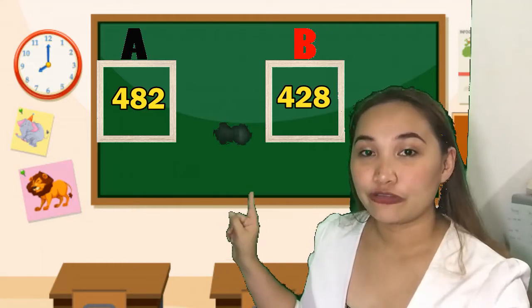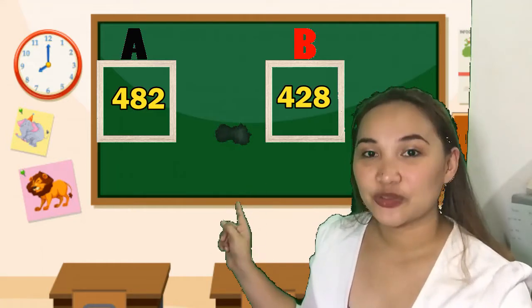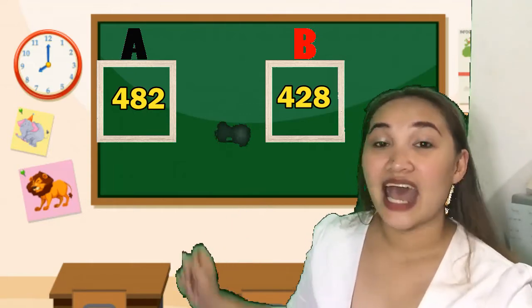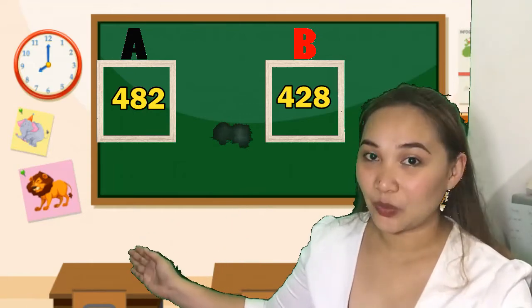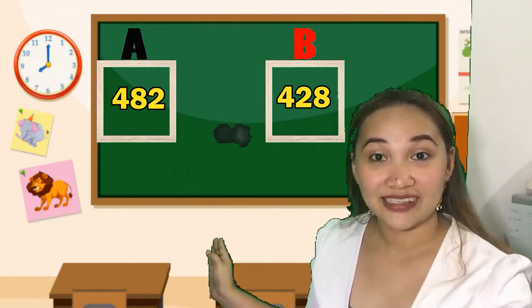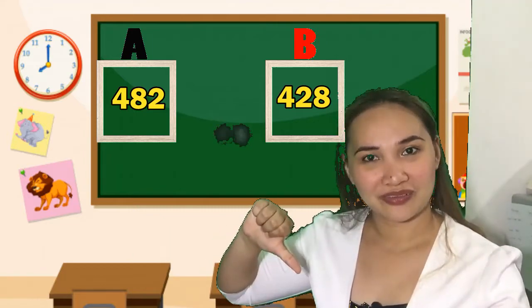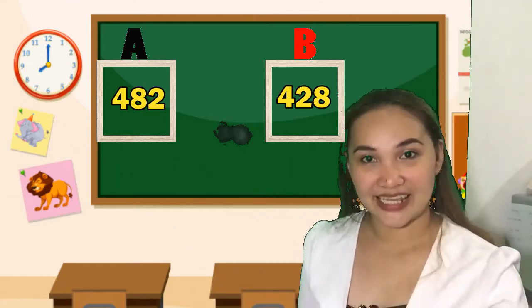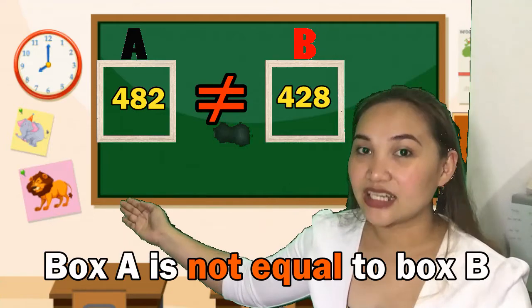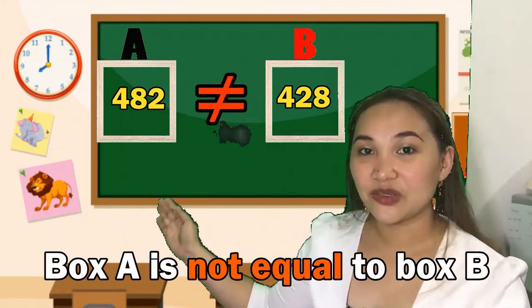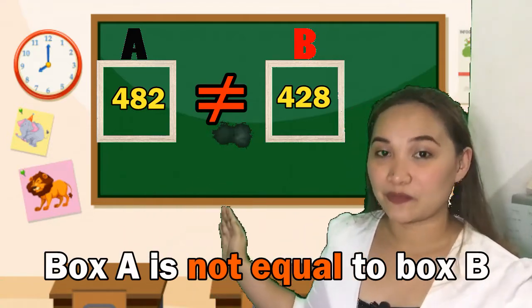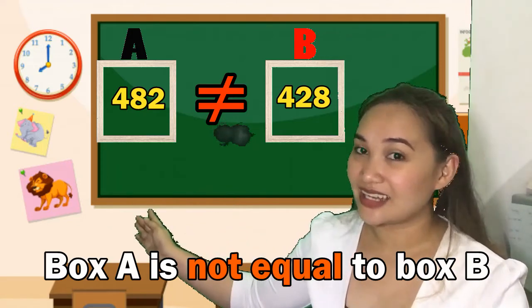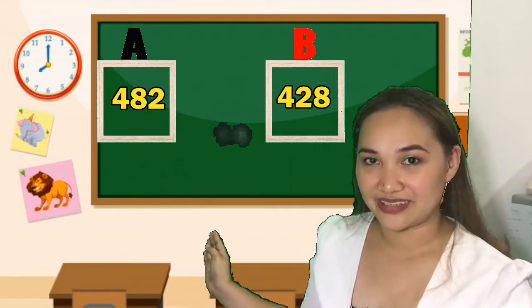We have 428. Now, is box A equal to box B? Yes or no? No, of course. So we can say that box A is not equal to box B.